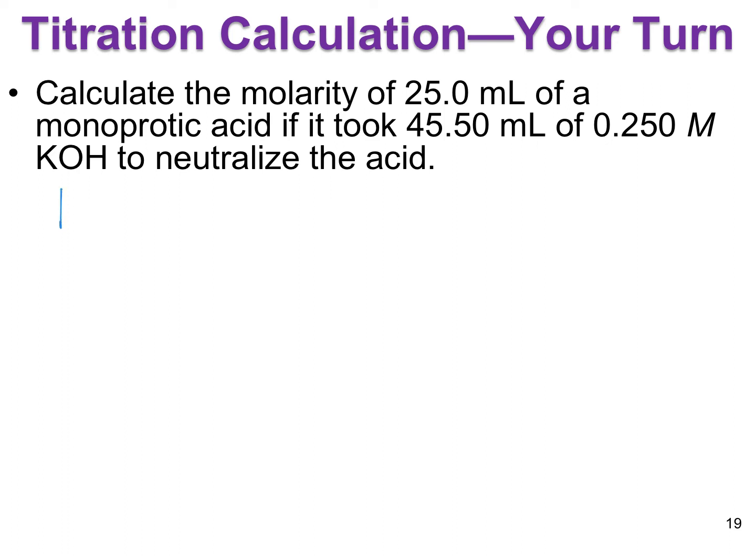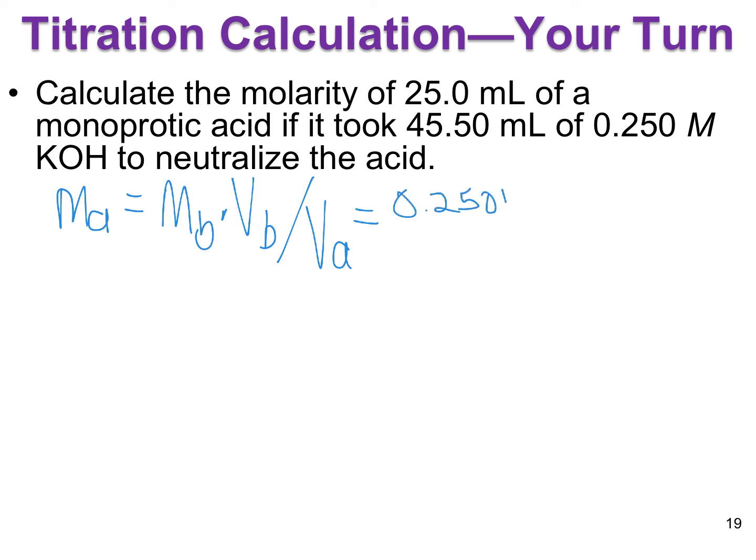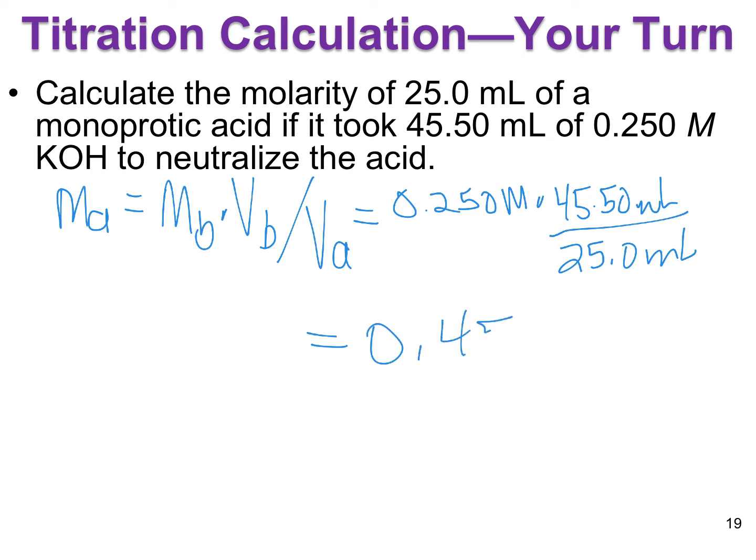Again, solving for M sub A, the concentration of the acid, the formula is M sub B times V sub B divided by V sub A. Thus, the concentration of the acid is 0.250 molar times 45.50 milliliters divided by 25.0 milliliters, giving a concentration of 0.455 molar of the monoprotic acid.